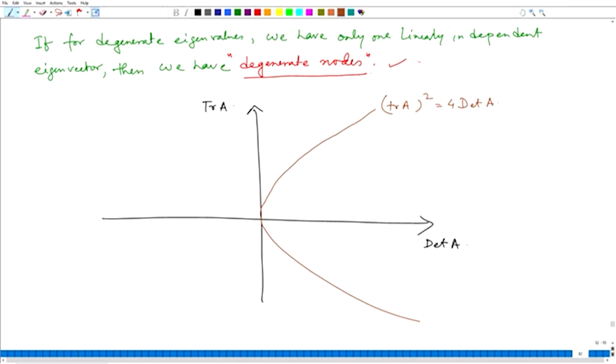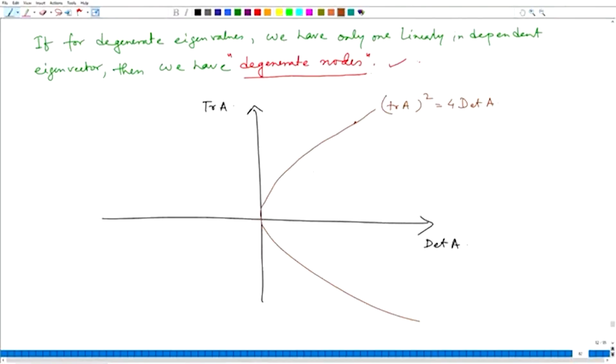So on this line you have degenerate roots. But if you now think about where the other roots will be, I just write it down, and it will be my request to all of you to check one by one whether they are put in their proper place in this diagram. So here I am writing unstable spirals.